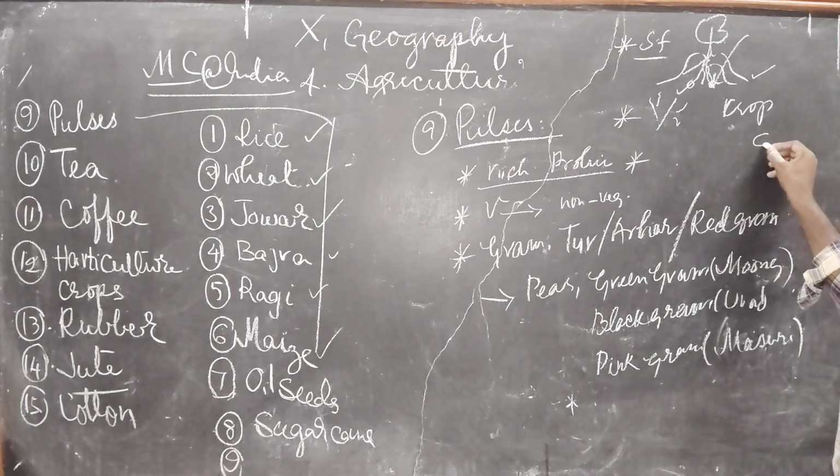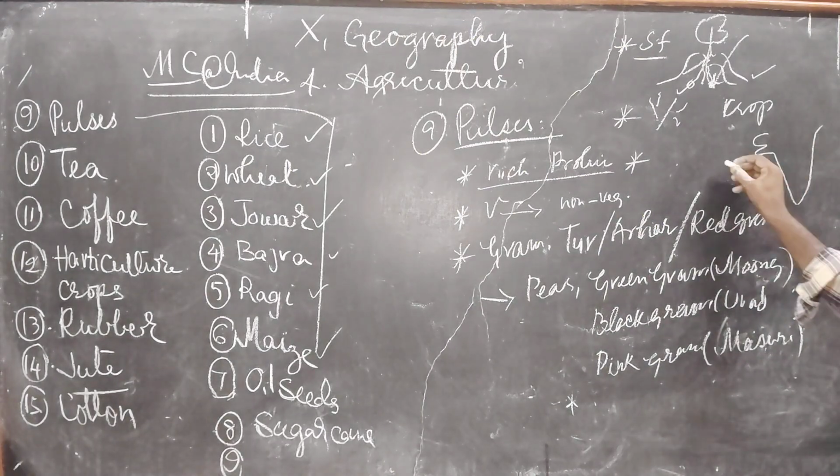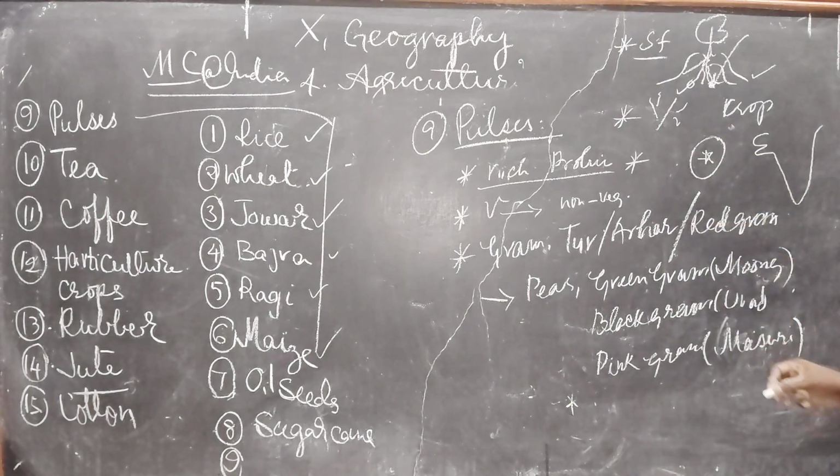Coming to the states which are contributing more production: Maharashtra, Madhya Pradesh, Rajasthan, Uttar Pradesh, Karnataka.